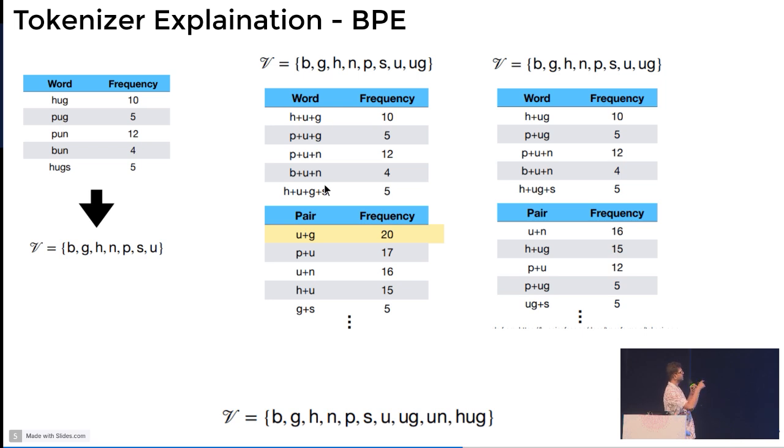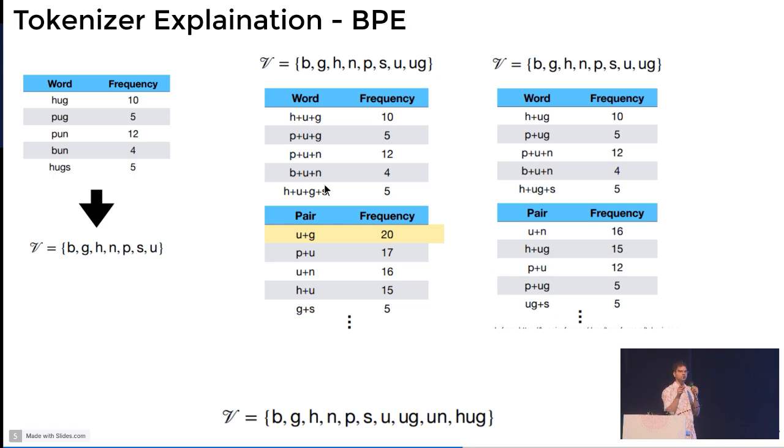Now, again, we will pair two characters and count how many pairs of characters are present in the whole corpus. So if you see, UG is one pair of characters, PU is one pair of characters, and when I sort it in descending order, UG has the maximum number of occurrences.